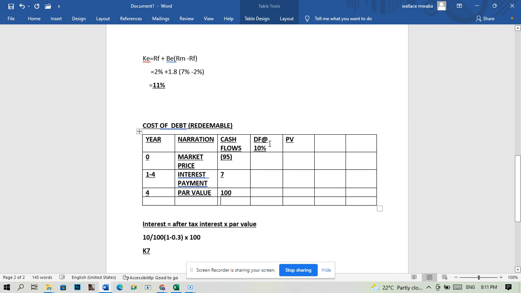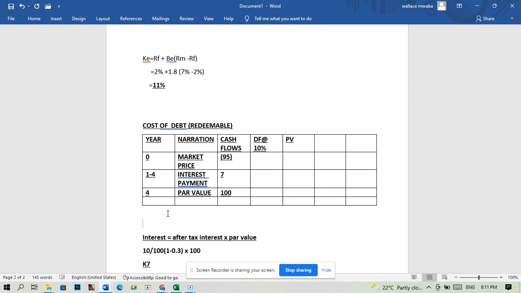So have we got our annuity tables with us? If we do not have our annuity tables with us, what we're going to do is this: 1 plus r to the power negative t. So it's the same as saying 1 plus 10%, which is 0.1, so 1 plus 0.1, to the power negative 0.